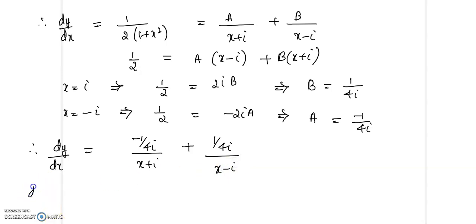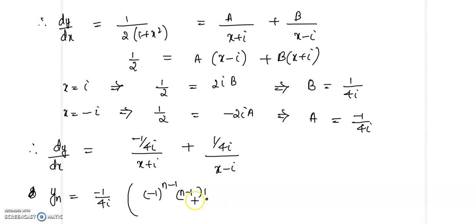Now we need the nth derivative, y n. So for obtaining y n we need to differentiate dy by dx n minus 1 times. So we will get minus 1 by 4i. Then when we take the n minus 1th derivative, we will get minus 1 raised to n minus 1, (n minus 1) factorial.